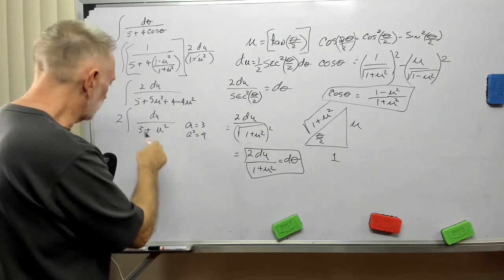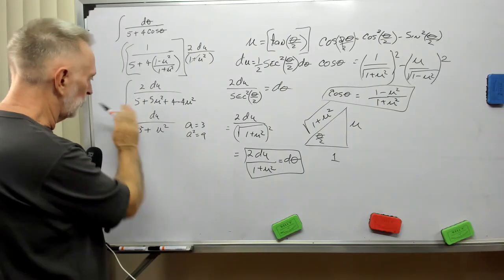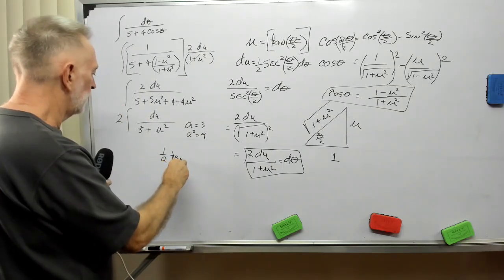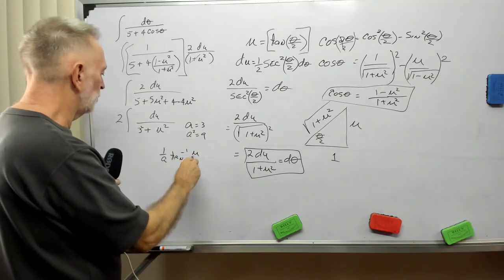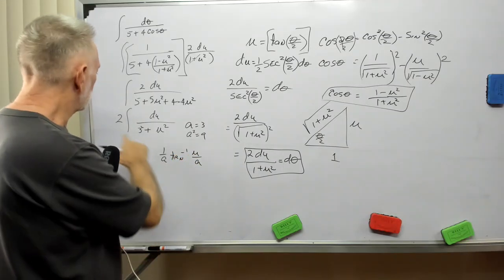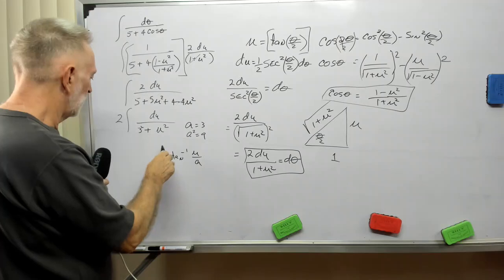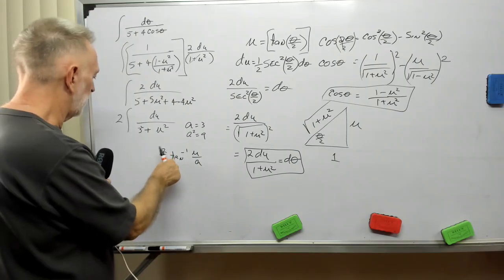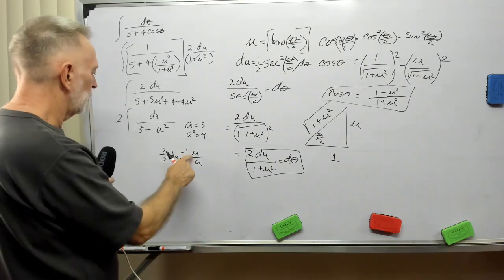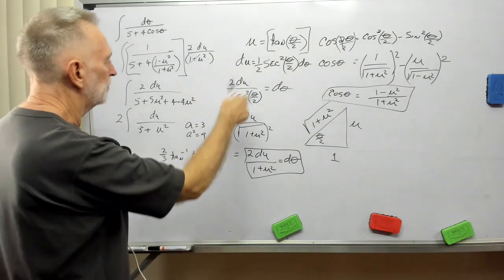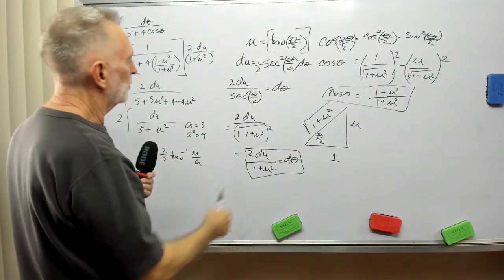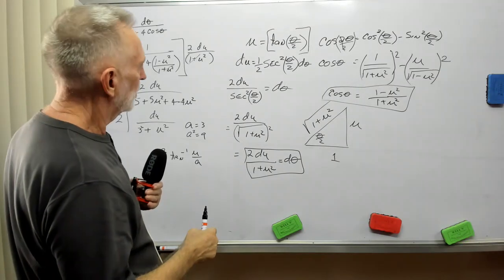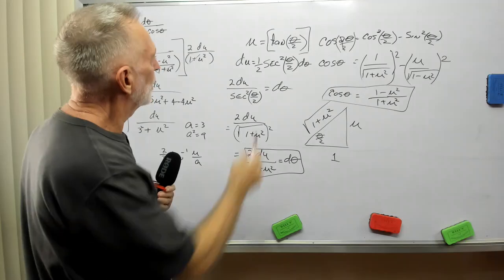Okay, so this integral, forget the 2 for the moment, is 1 over a tangent inverse u over a. So we have a 2, multiply here, a was 3, u is what? Where'd u go? Did I erase it? Oh, here it is.